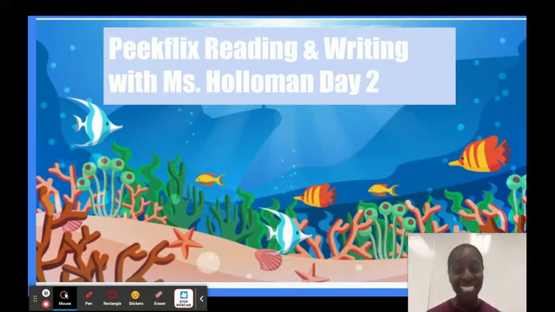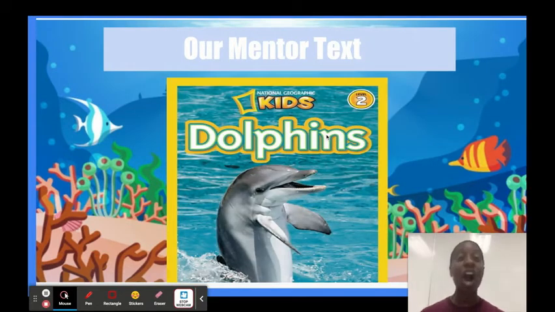Let's get started. Our mentor text. Scholars, we are reading about dolphins. And yesterday we read about dolphins and we read the story from beginning to end, and we focused on using our background knowledge and making connections to help us understand the text.